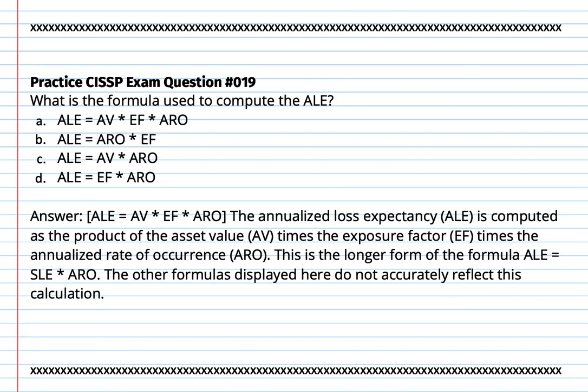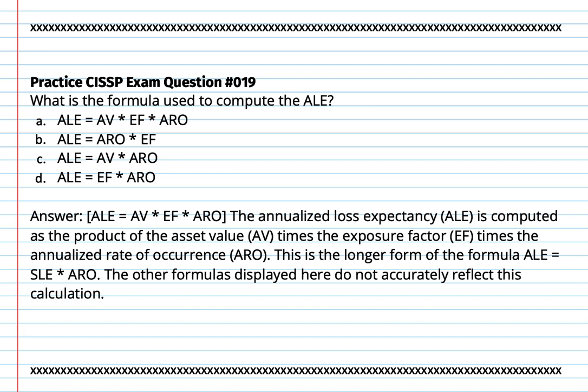Hey y'all, this is Shon Gerber with CISSP Cyber Training, and we're going to go over some exam questions. Let's start with exam question number 19. Before we get started, we're going to go into a couple key topics so that you understand what the questions are asking for. When we're talking about abbreviations, we have ALE, which is your annualized loss expectancy. This is something you're going to deal with as a CISO or as a security practitioner within your organization, so you're going to need to know these abbreviations.